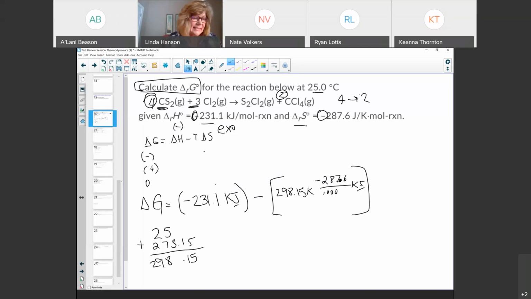That's me just sliding the decimal to convert joules to kilojoules for entropy. My screen reads negative 145.4. I should probably have just one decimal. And it'll come out to be kilojoules per mole.